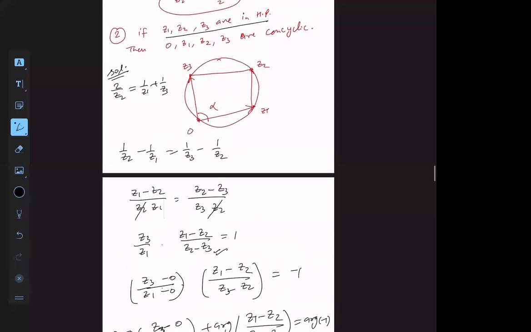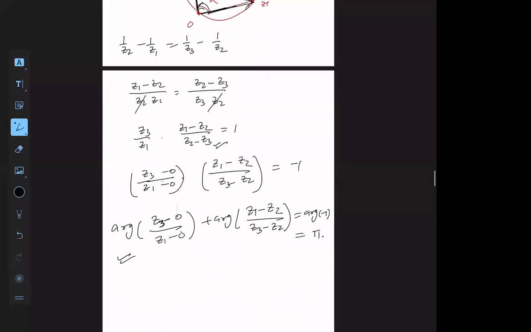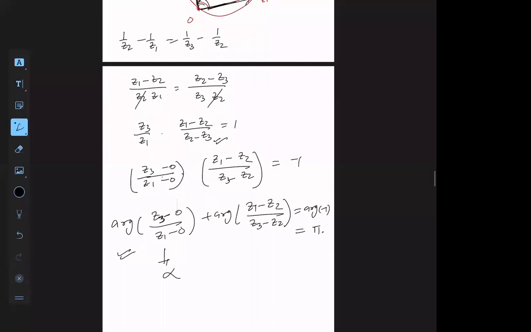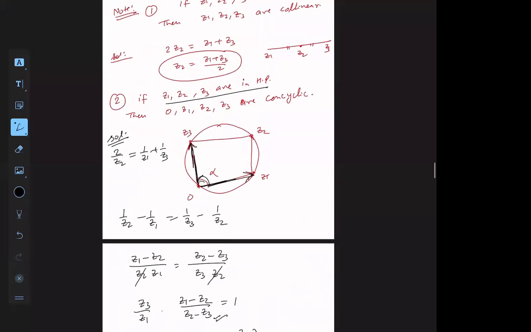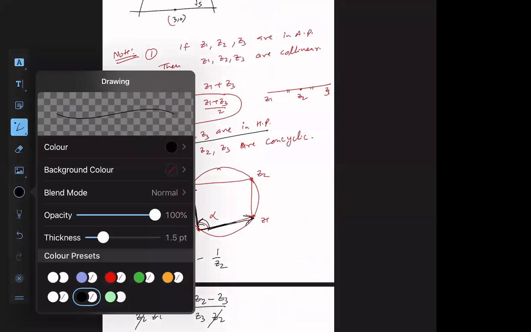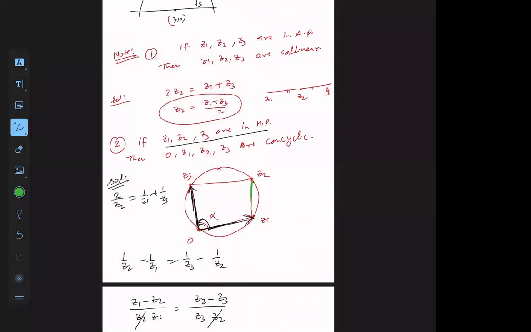So basically this Z3 minus 0 means this is the vector. And Z1 minus 0 means this is the vector. So I have rotated this vector, so you will get alpha. So basically this is alpha. Now Z1 minus Z2 upon Z3 minus Z2. So this is Z1 minus Z2 and this is Z3 minus Z2.